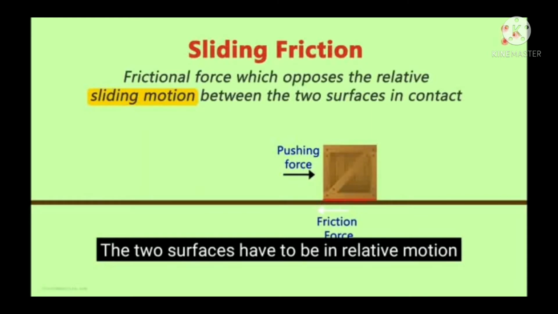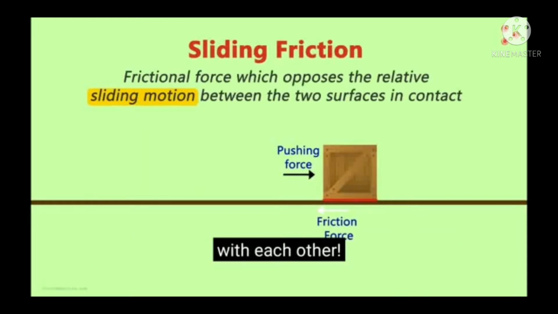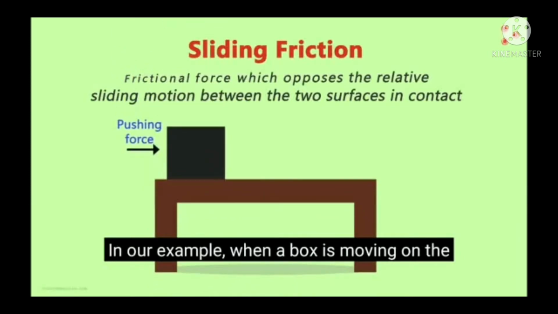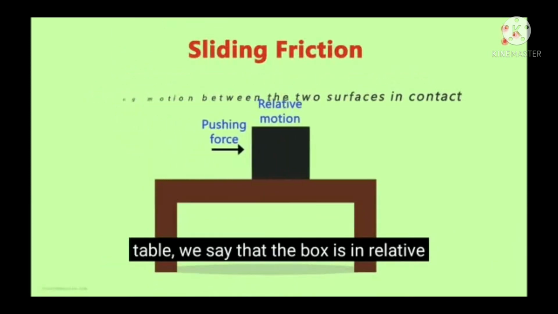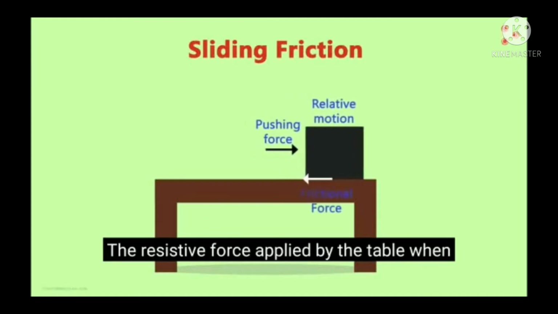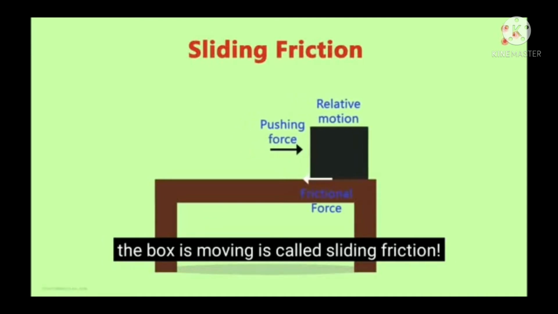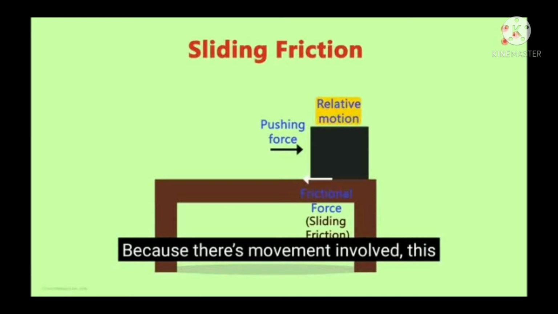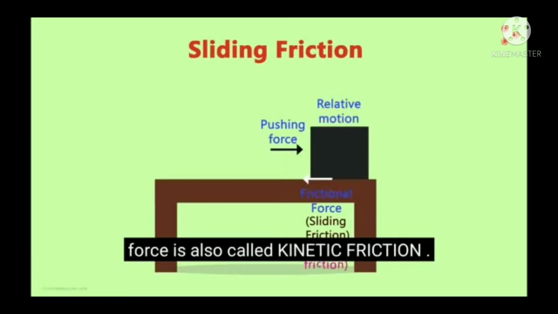The two surfaces have to be in relative motion with each other. In our example, when a box is moving on the table, we say that the box is in relative motion with the table. The resistive force applied by the table when the box is moving is called sliding friction. Remember, the objects have to be in relative motion. Because there's movement involved, this force is also called kinetic friction.